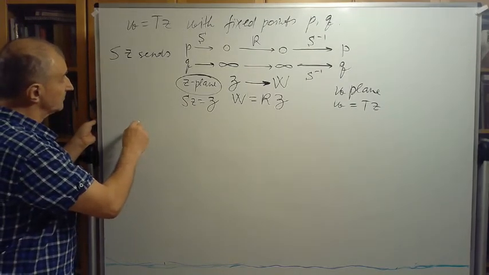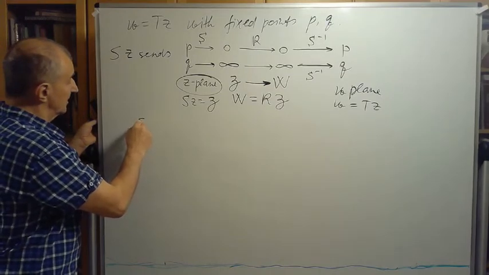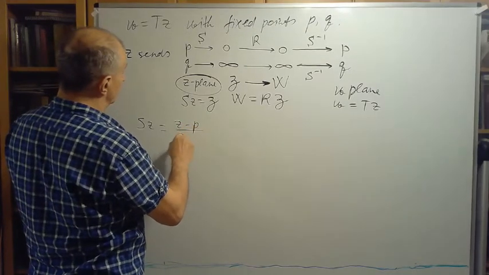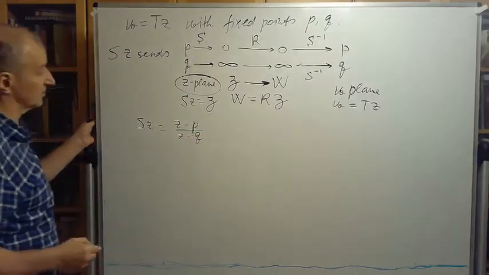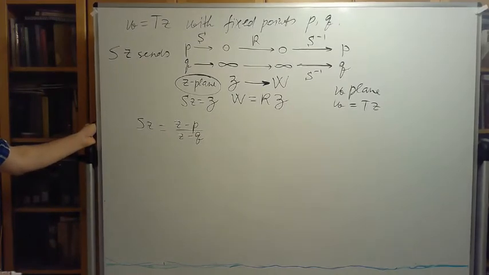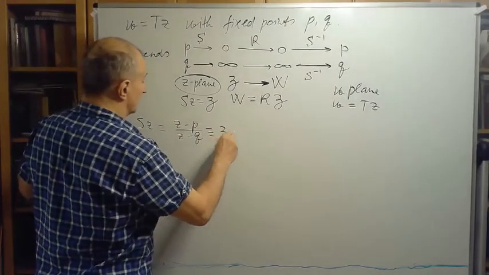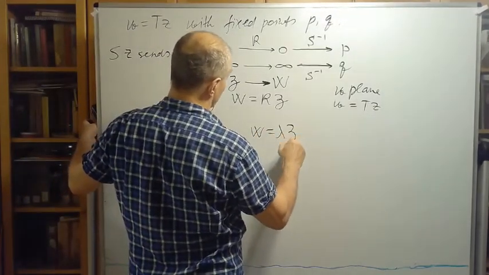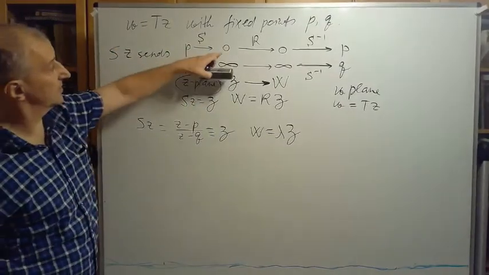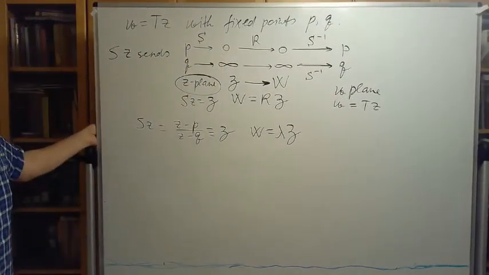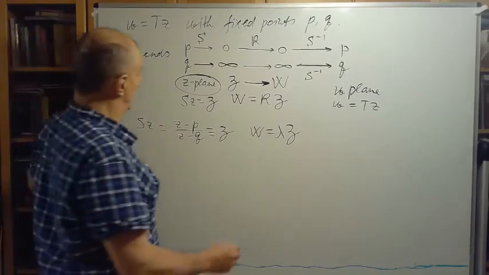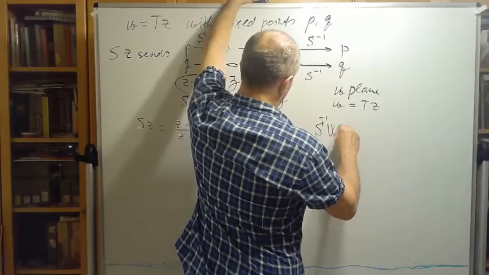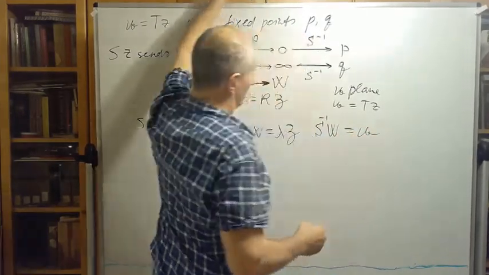We perform transformation S Z equals Z minus P over Z minus Q, and this I will denote Z. Then W will be lambda Z. This way it preserves point 0 and infinity as fixed points. And then S minus 1 W will be W small.